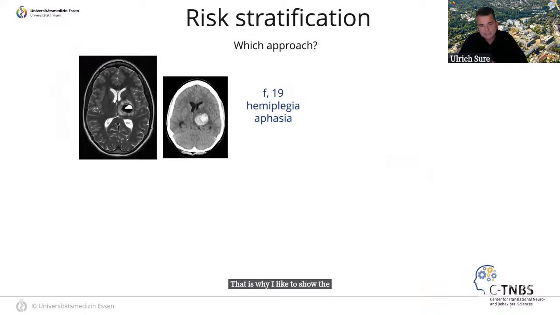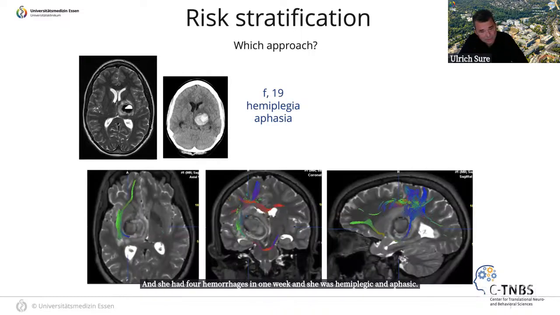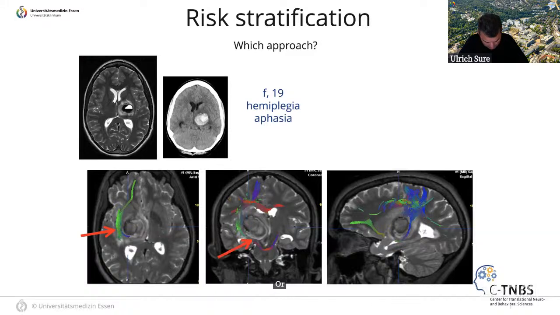Here's another one, a 19-year-old case, I think 4, 5, 6 years old. And she had 4 hemorrhages in 1 week, and she was hemiplegic and aphasic. Now, look at these images, and we are talking about approaches. What would be an approach to remove this lesion? Would you go through the insula, or would you come from temporal, subtemporal, or would you come trans-sylvian, or would you consider a supracerebellar transthalamic approach?